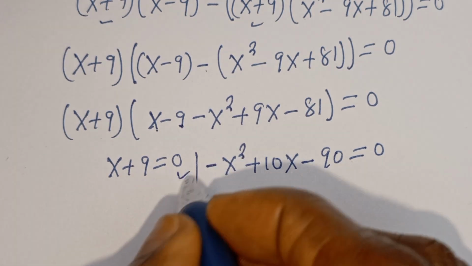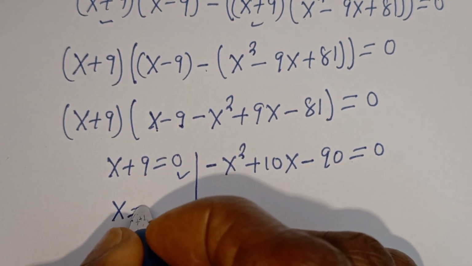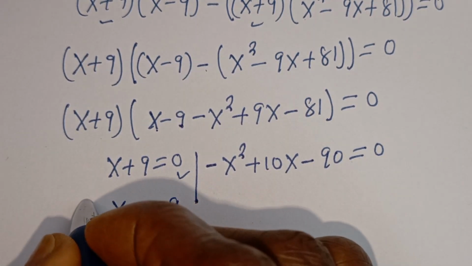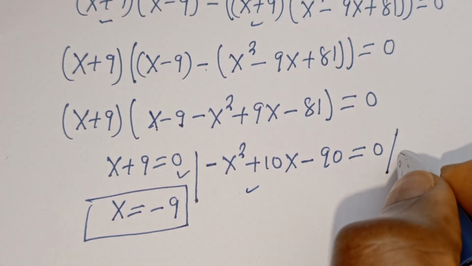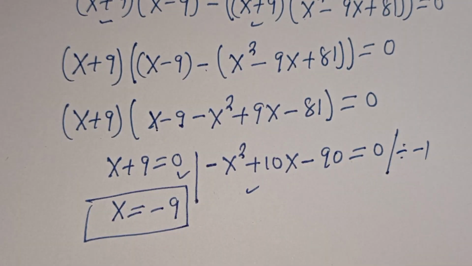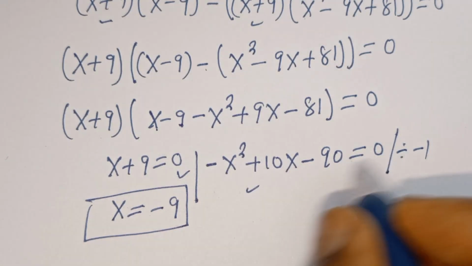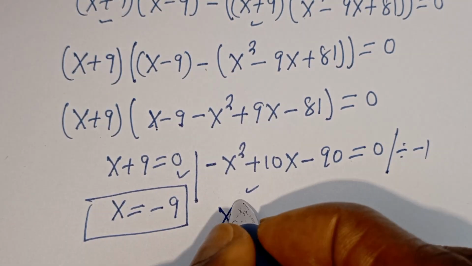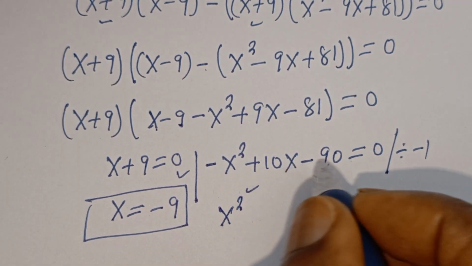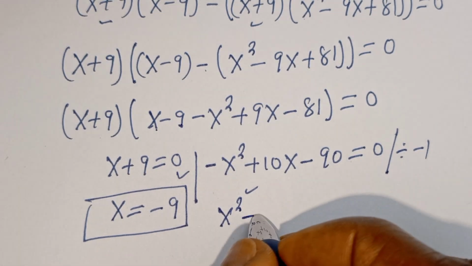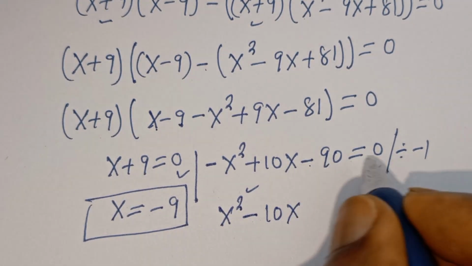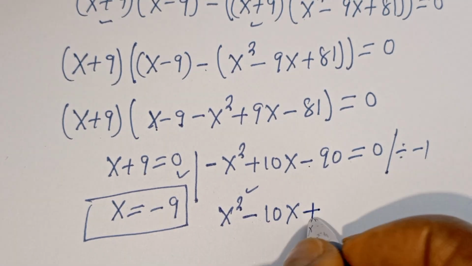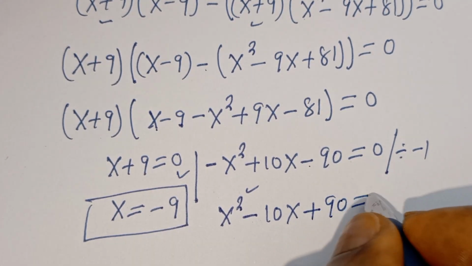Then from here, s is equal to minus 9. And from here, we can divide all through by minus 1. Then minus s squared divided by minus 1 is s squared, plus 10s divided by minus 1 is minus 10s, and then minus 90 divided by minus 1 is plus 90 is equal to 0.